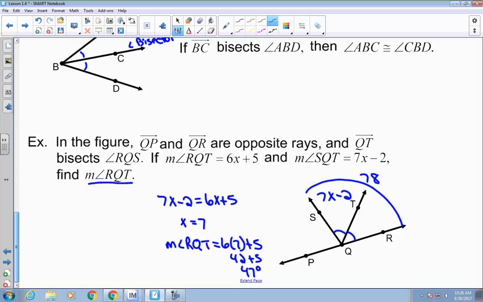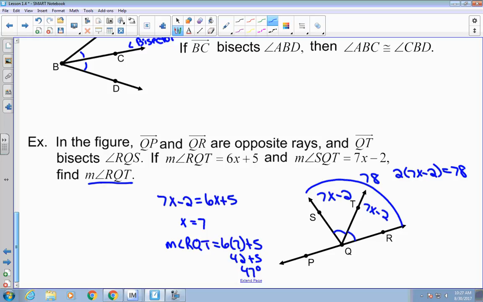You're thinking right, but you're backwards. Times 2, right? If this whole thing is 78, and these two are equal, this is going to be 7x minus 2, and that's going to be 7x minus 2, right? So you would do 2 times 7x minus 2 equals 78. You're on the right track, you just work through it backwards, okay?